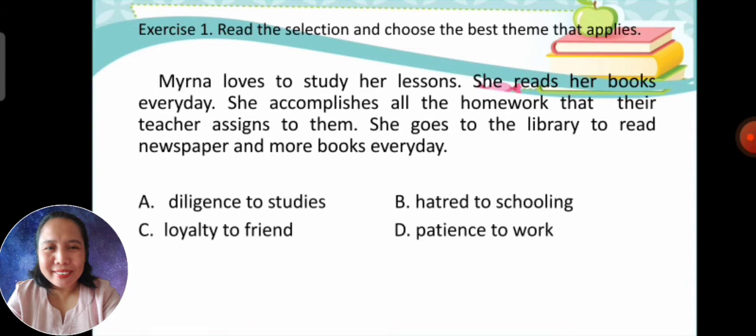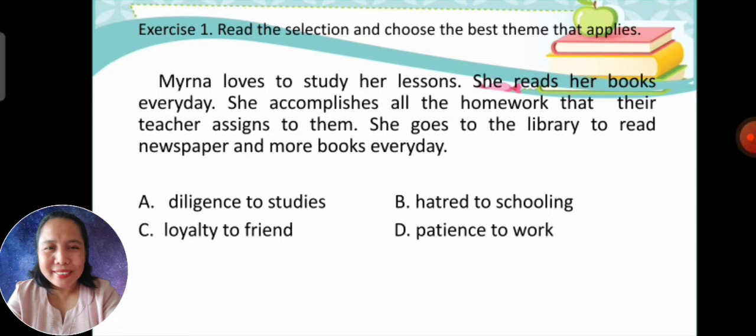So based on the description of the character, what do you think is the theme of this selection? So there are 4 choices here. First, or letter A, diligence to studies. B, hatred to schooling. C, loyalty to friend. D, patience to work.